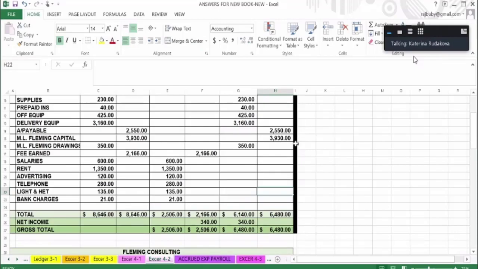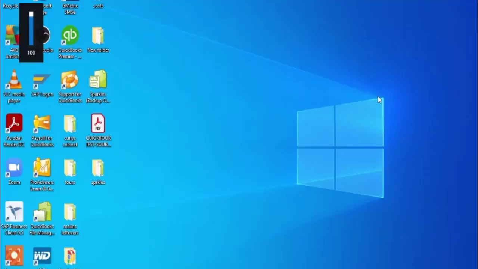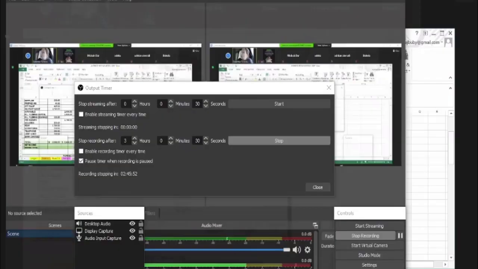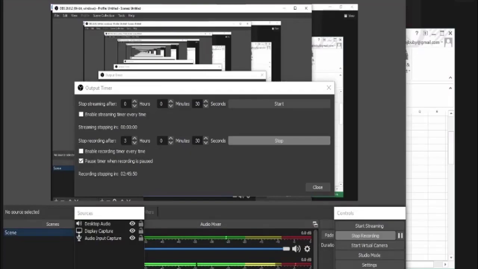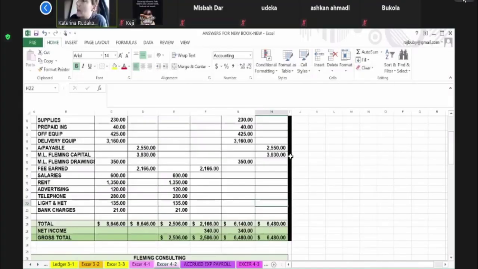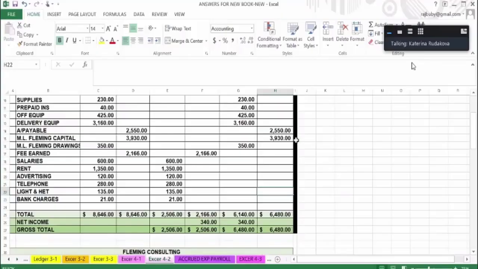Adjusting entries. Adjusting entries are made in your accounting journals at the end of an accounting period after a trial balance is prepared. The purpose of adjusting entries is to adjust revenues and expenses to the accounting period in which they occurred. After the entries are made in the accounting journals, they are posted to the general ledger in the same way as any other accounting journal entry.